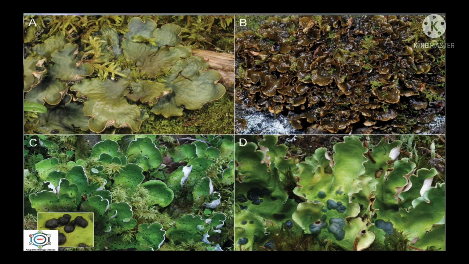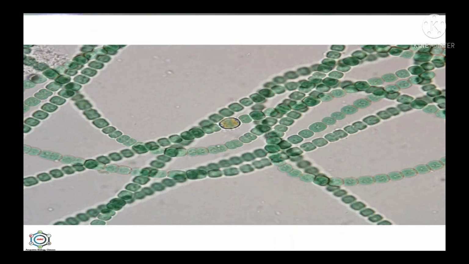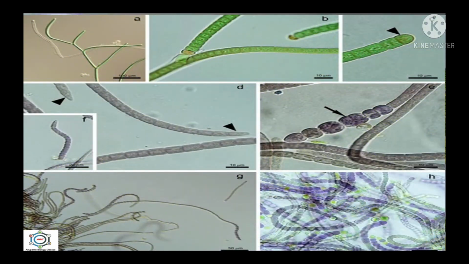Some cyanobacteria growing symbiotically in lichens act like pioneers of plant succession on barren rocks and help soil formation. Some cyanobacteria such as Anabaena, Lyngbya, Tolypothrix, etc. prevent soil erosion and help its conservation.